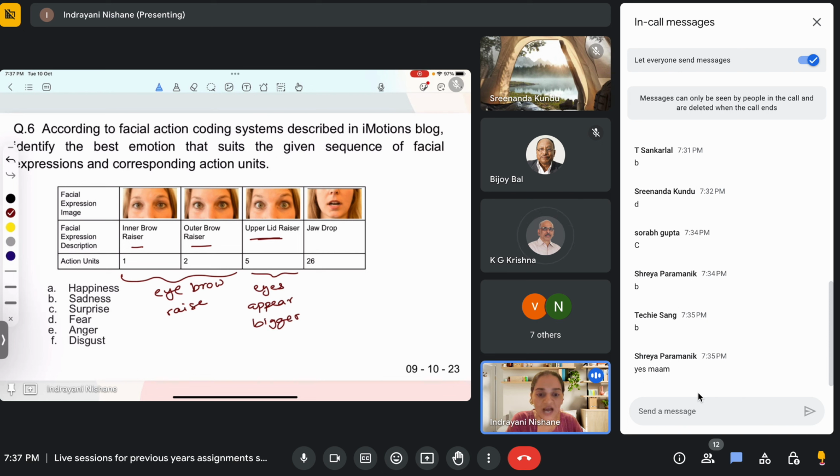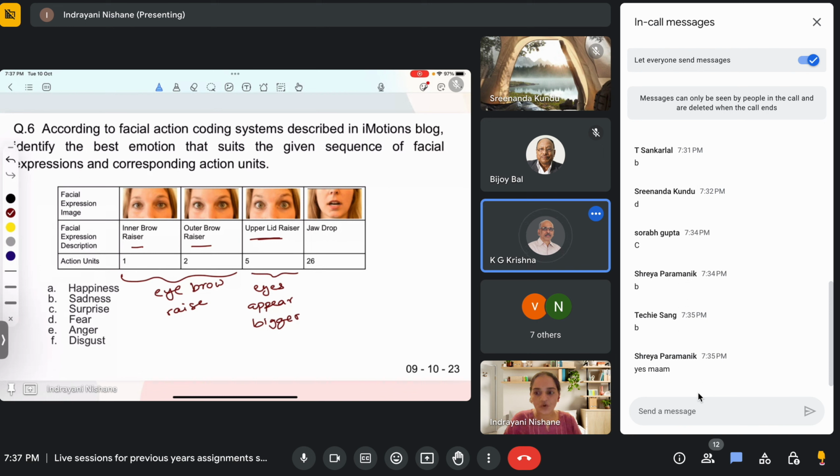In a smile or laugh or happiness, our upper lip area goes up, so that the cheeks also change shape. But here that is not happening. What is happening is jaw drop. The jaw or the lower lip area is coming down like this.